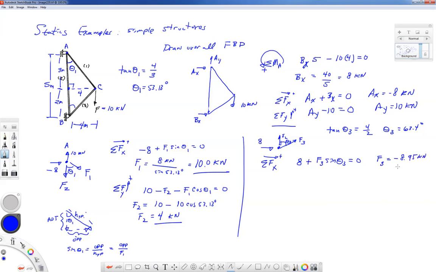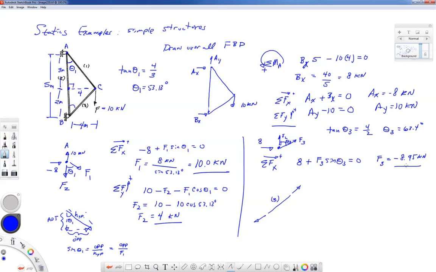Now the negative right here, what that means is the force really goes in the opposite direction. I had assumed that this force goes out this way. Now, if I were to draw the free body diagram of bar number 3, this corresponds to assuming that the free body diagram of bar 3 looks like this.